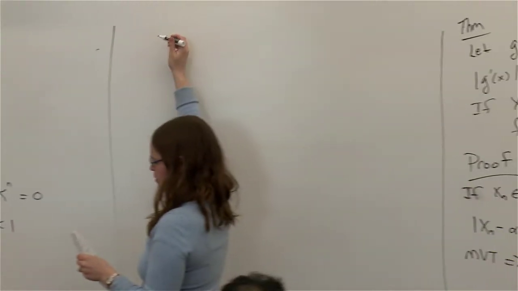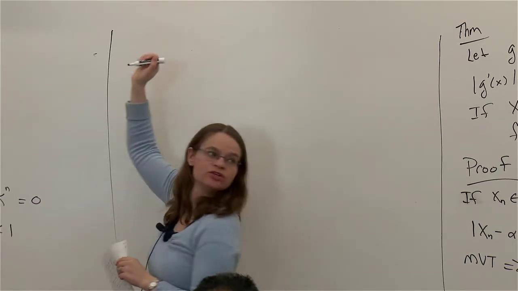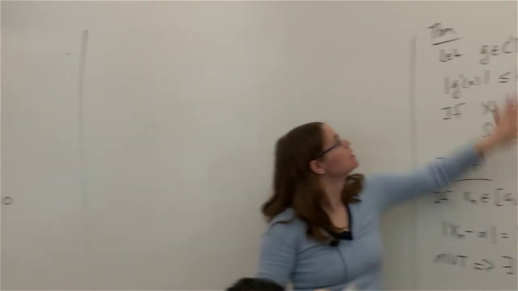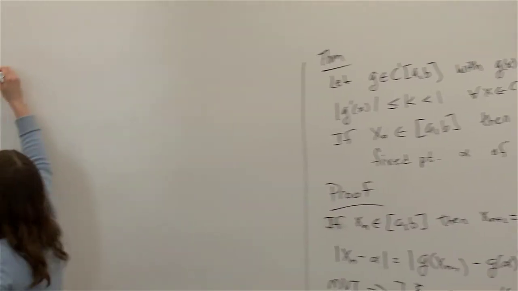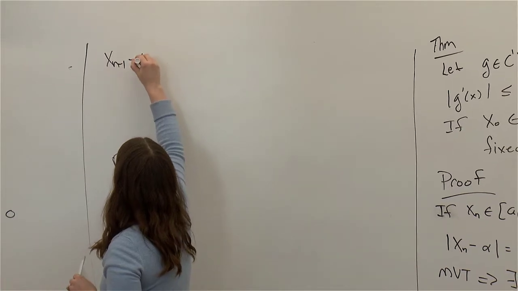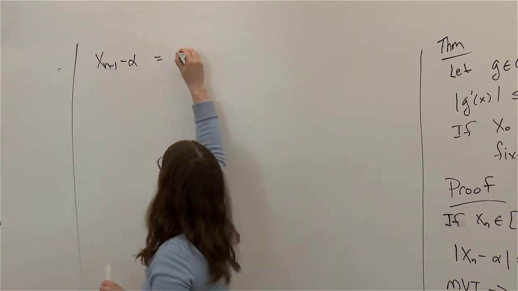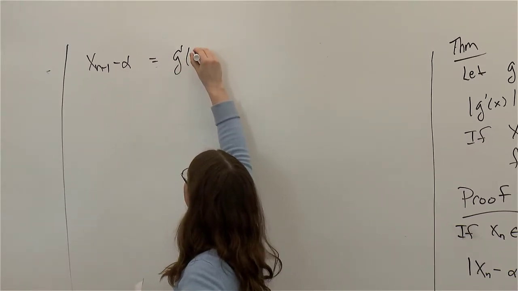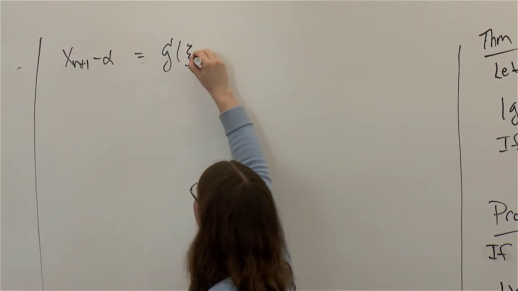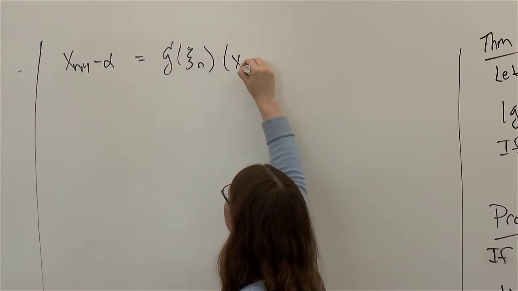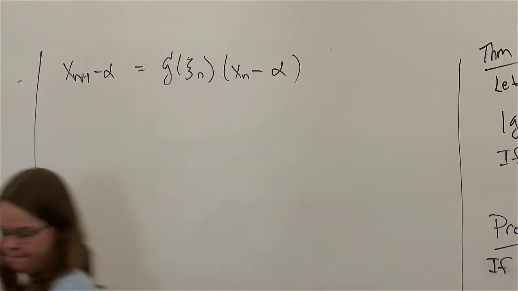So we can, again, write this as before. As long as G prime is continuous, which I assumed here, we had that x_{n+1} minus alpha is equal to G prime of c_n times x_n minus alpha. We already did this.